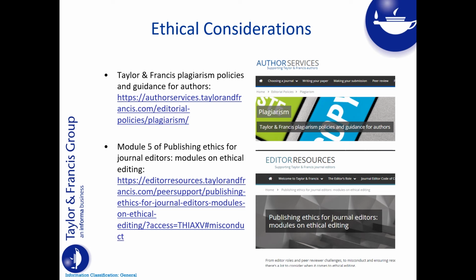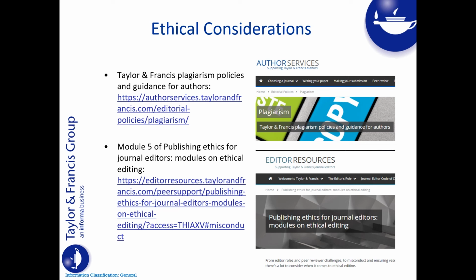For information on handling allegations of plagiarism, please see our Author Services page, which hosts Taylor and Francis plagiarism policies and guidance for authors. Our plagiarism policy offers specific recommendations on different types of concerns, which could be helpful when you come to investigate any duplication issues more closely.